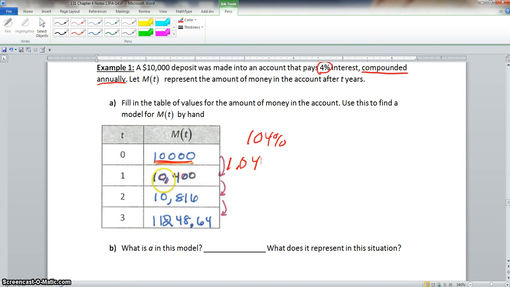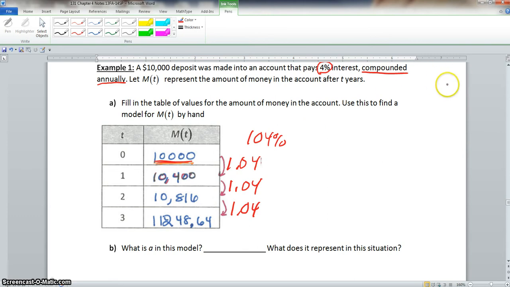So now to go from this first year to the second year, that's going to be another 1.04. So you will keep multiplying by this here. So we have 1.04 from the 0 year to the first year, from the first year to the second year, and from the second year to the third year.